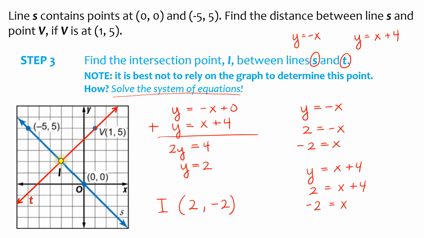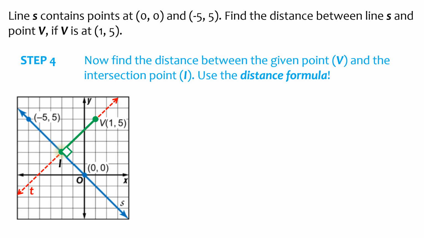Next up, what do we still have to do? Well, we're ready to find the actual distance. The distance between I, remember, was just (-2, 2), let's throw in our negative sign there, and V, which we started out knowing was at (1, 5). So I need to figure out the distance there. You have the distance formula.